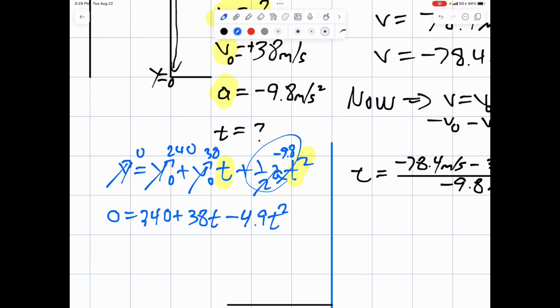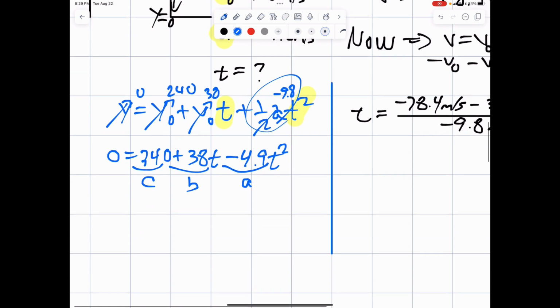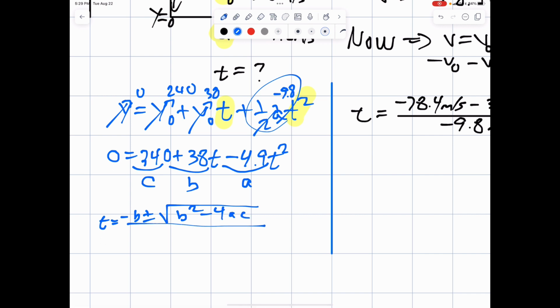Well, 1/2 of 9.8 is 4.9. Okay, and then if I just put this into quadratic formula, this would be A, this would be B, this would be C, right? And I would put it into quadratic formula, negative B plus or minus the square root of B squared minus 4AC all over 2 times A. So if I were to put this right here and right here, and if I were to put this C for that part right there, and evaluate this, well, guess what?